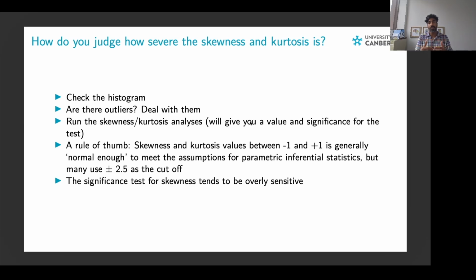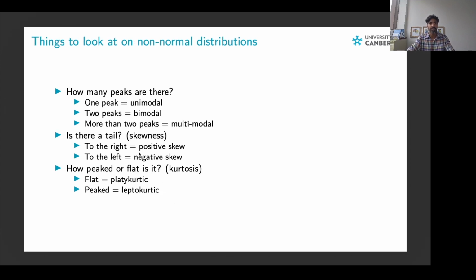We visually look at the histograms and get a sense of the shape of the distribution. So this is an emphasis that justification always matters. You look at your histogram, you say, this is what it looks like, this is what I think, and then you publish that. And that gives you a good sense of that. So the significance test for skewness tends to be overly sensitive, particularly in large data, so it's not often used in really large data sets.